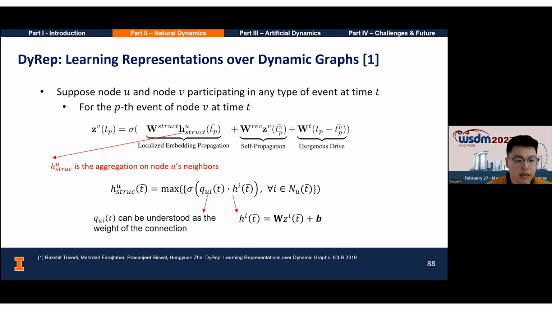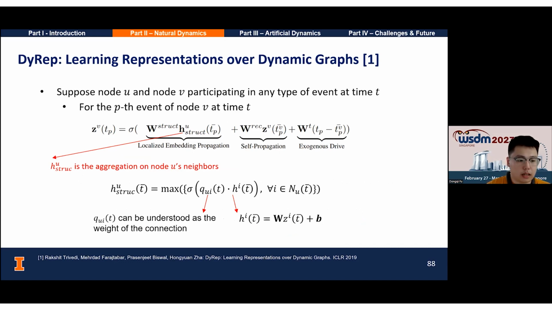So the localized embedding propagation, the first component of this equation has the W struct. W struct is just a learnable weight matrix.